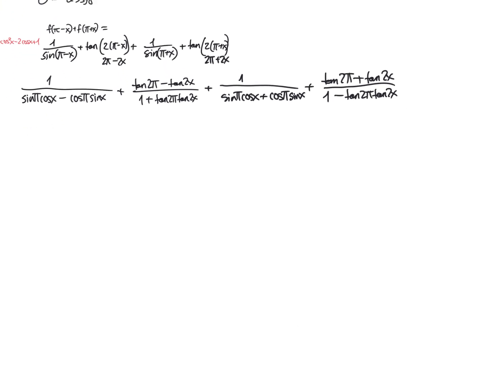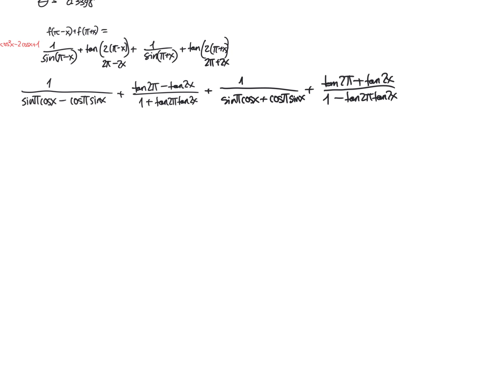Okay, we're going to get rid of a lot of these because of 0. Okay, so sine pi is 0. Tangent 2 pi is also 0. Okay, so we've got, and cosine pi is -1.